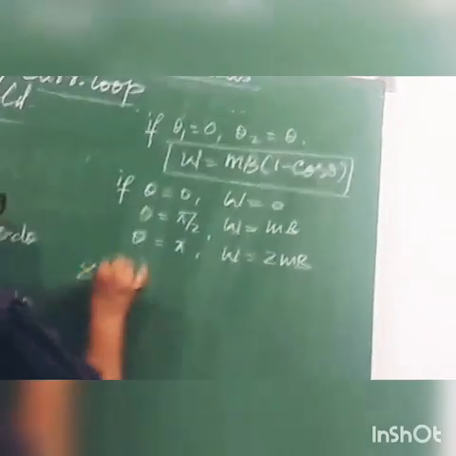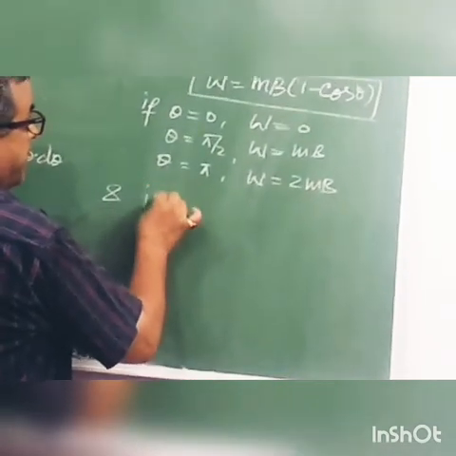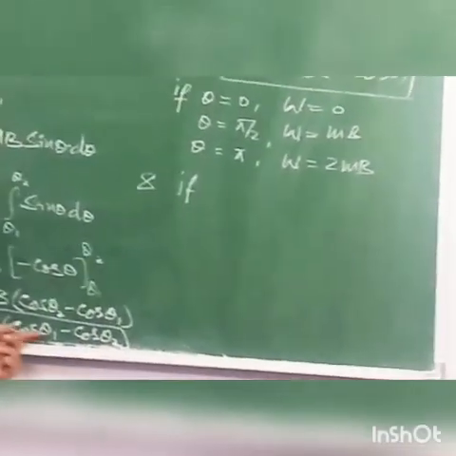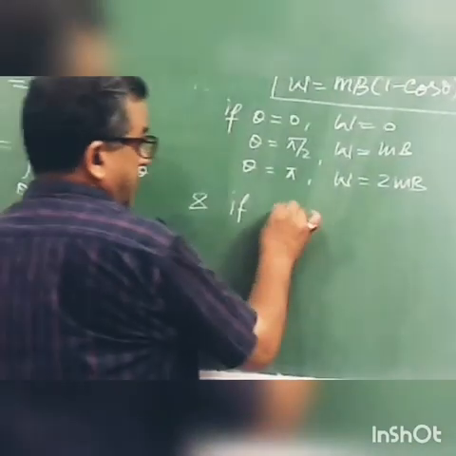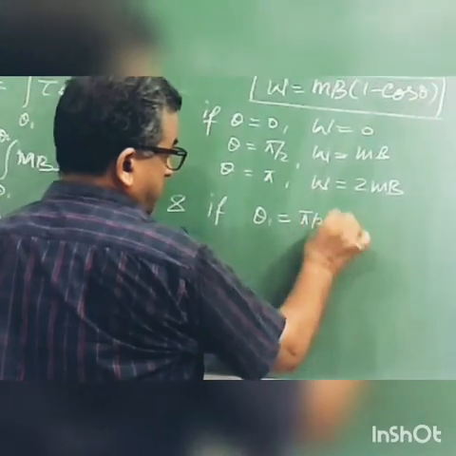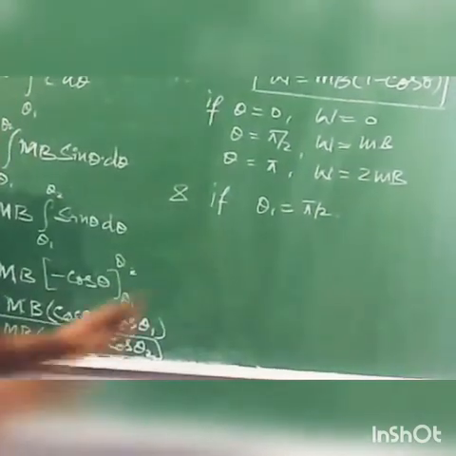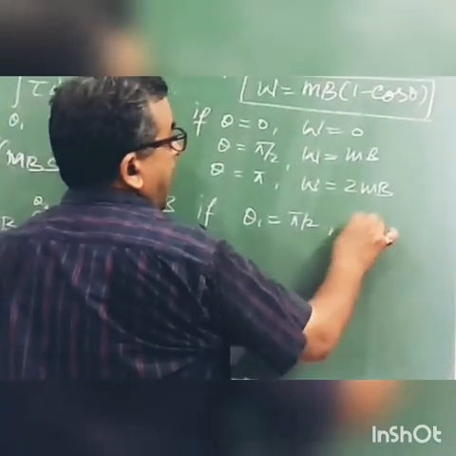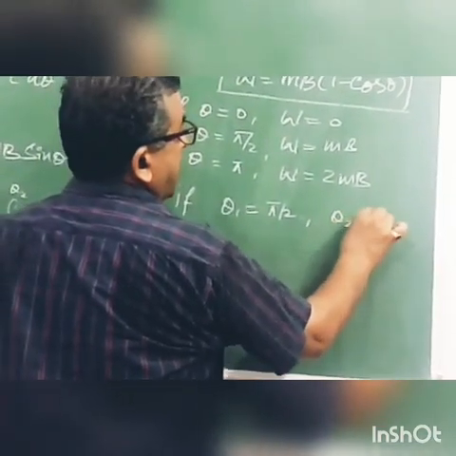And if theta 1 is pi by 2, the coil is initially at angle 90 degrees and theta 2 is theta.